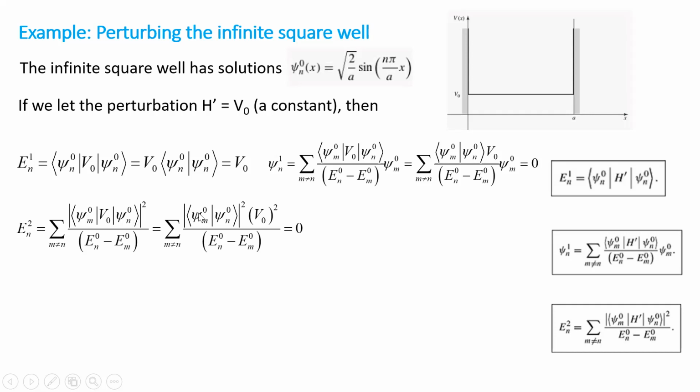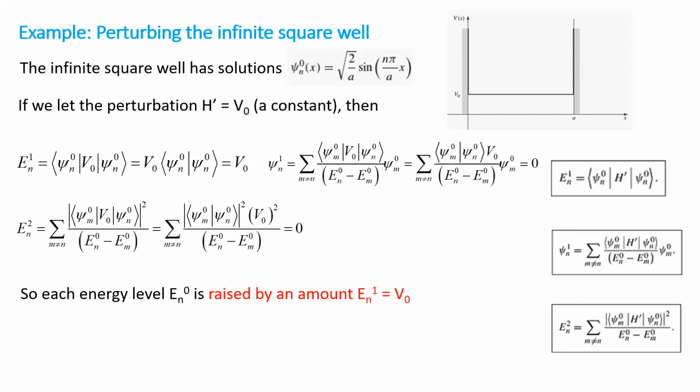So we get the inner product between psi m0 and psi n0 squared times V0 squared. But just like before for the wave function, since for m not equal to n these two, psi m0 and psi n0, are orthogonal, this would be 0. So even when we square it, it's 0. So we get 0 for the second order correction to the energies.